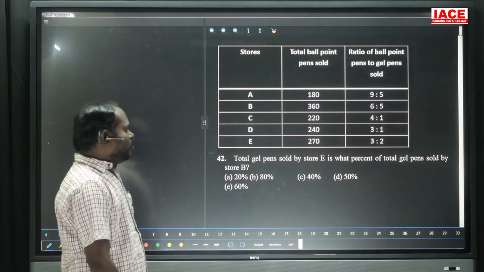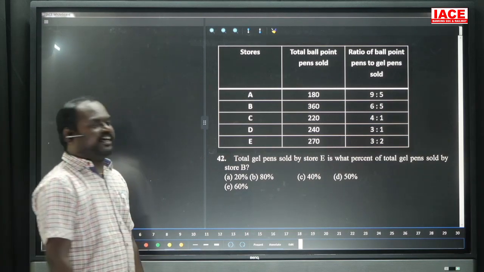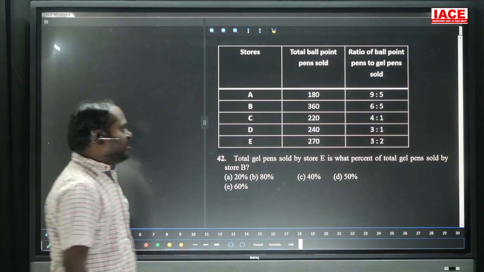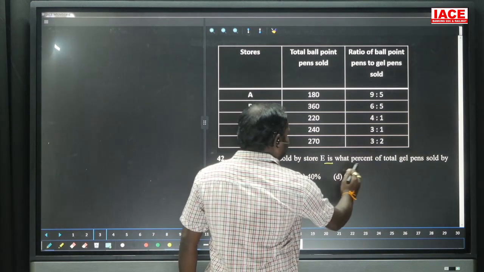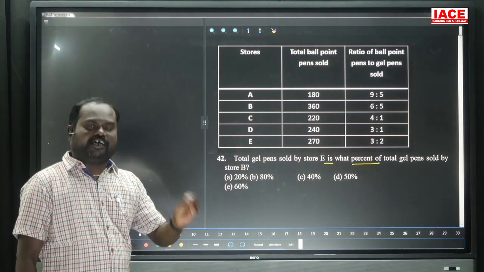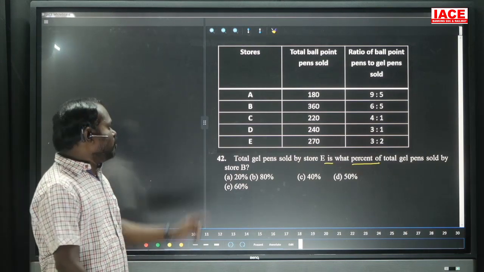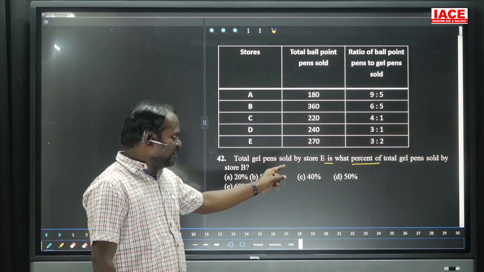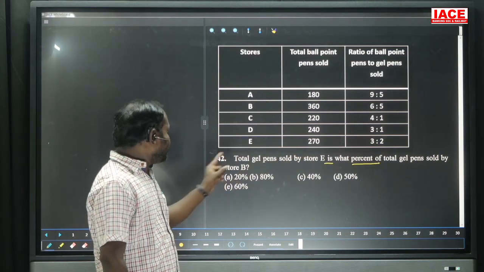Next, 42: the total gel pens sold by store E is what percent of the gel pens sold by store B?